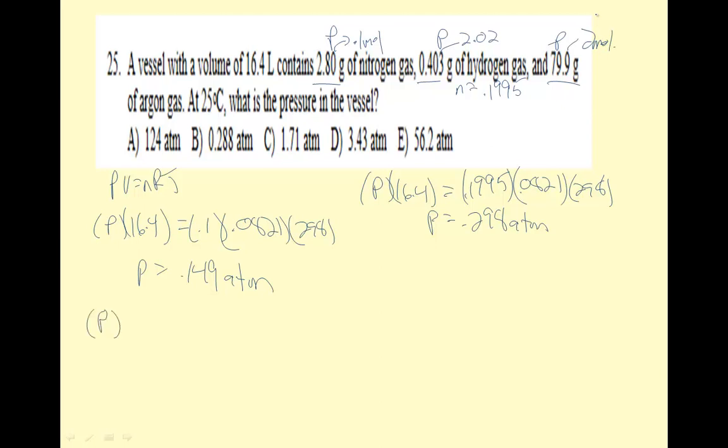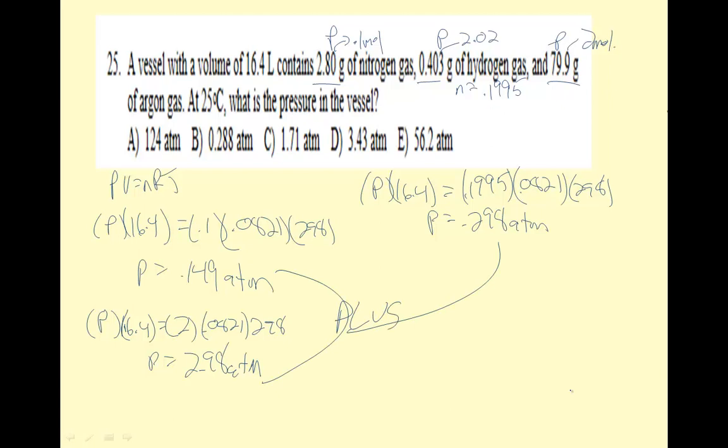So P equals 2 times 0.0821 times 298 divided by 16.4, and I get 2.98 atmospheres. So my total pressure is the sum: 2.98 plus 0.149 plus 0.298, and I hope I get an answer here, 3.43.